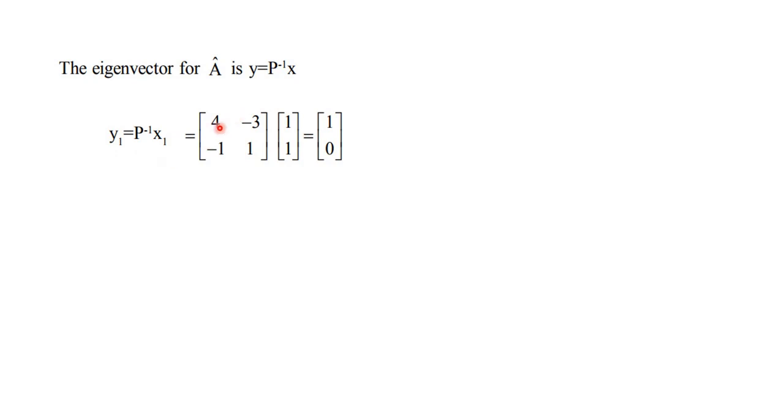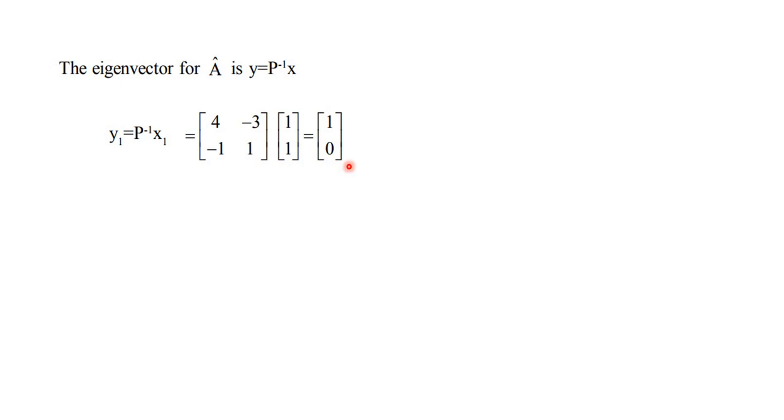So y1 is P inverse into x1, and we already calculated the value of P inverse. So we have P inverse as [4, minus 3; minus 1, 1] into x1, the first eigenvector for A, that is [1, 1]. Then we multiply: 4 into 1 is 4, minus 3 into 1 is 3, 4 minus 3 is 1. Minus 1 into 1 is minus 1.